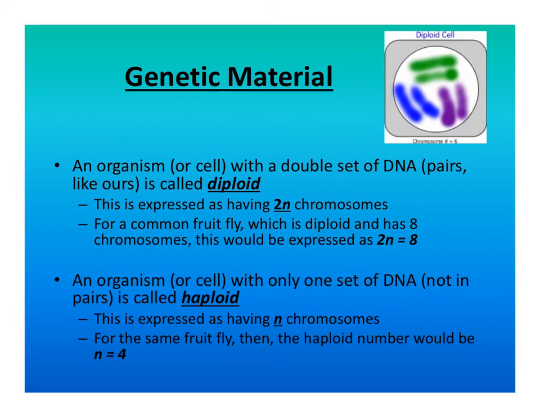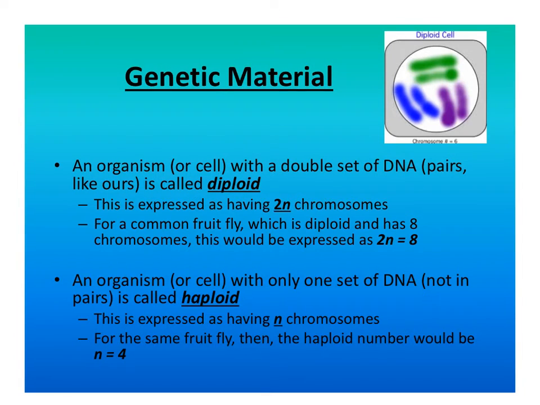And diploid is expressed in general over the entire planet as having 2N chromosomes, where N is any given number. So like I said a minute ago, all organisms don't have 46 like humans. You can have different numbers of chromosomes, but the diploid number is always 2N. So, for instance, for humans, 2N equals 46, because we are diploid organisms.